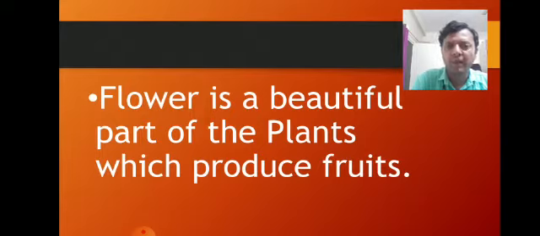Before the mango fruit is visible on the mango plant, first we all see the white colored flowers on the plant, right? White flowers first appear on the mango tree, and then those flowers change into fruit, which is the mango. We all love to eat mango. So a flower is a beautiful part of the plant which produces fruits.